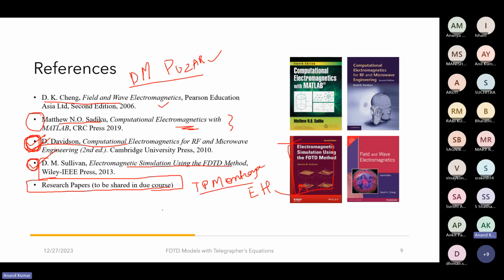Montoya's work will be used, and the rest will be some of my papers as well. I'll use T. P. Montoya's papers, and I have used them to write my own papers. I'll discuss them as well. Okay, so these are the references.